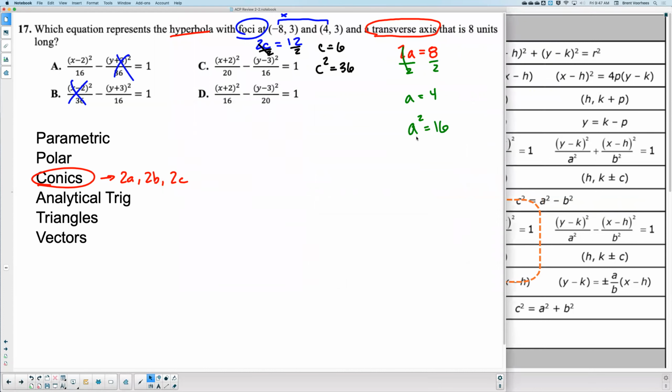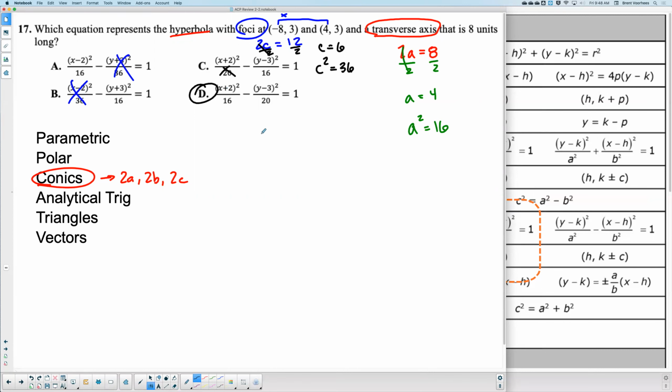So 16 has to be under the x. Which one's the correct answer? 16 has to be under x squared. So the answer is D, this one here. So the answer is D. The 16 is in the wrong location.